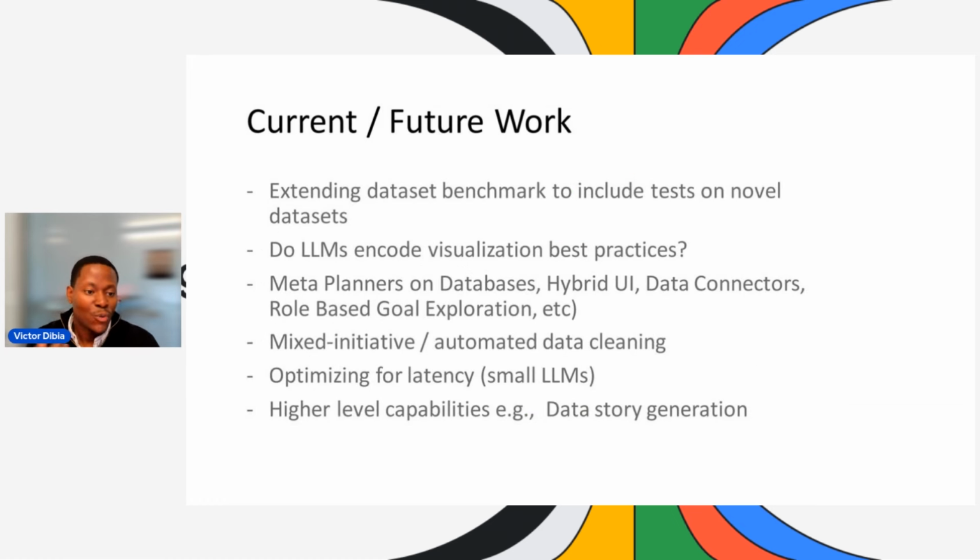So some future work: there's still a lot of work to be done. There are a lot of opportunities to improve the reliability of the system. There are still cases where the system might not come up with visualizations that are valid. There are differences in behavior across models.